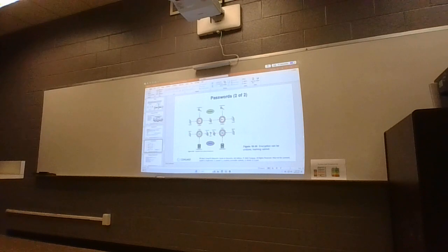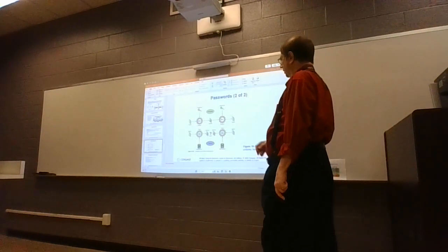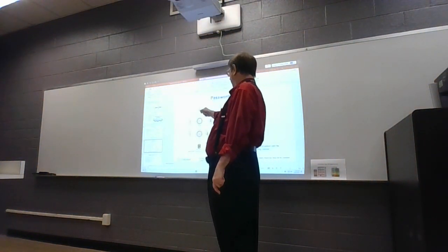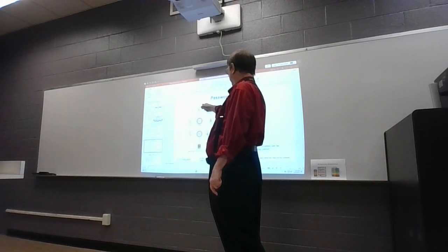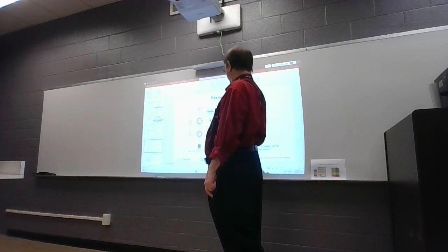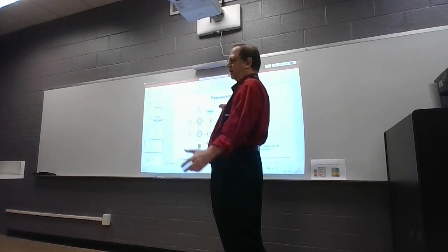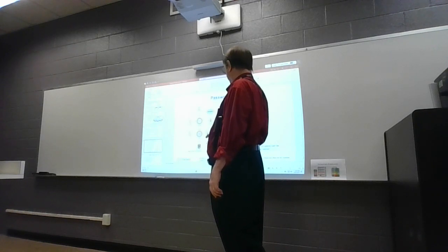Okay, this is the process that we're talking about for encryption, and we're not going to spend a whole lot of time going through it, but there's two different things here. When you encrypt something with an encryption key, generally you need a key to decrypt it. You have to have the right key to decrypt it.